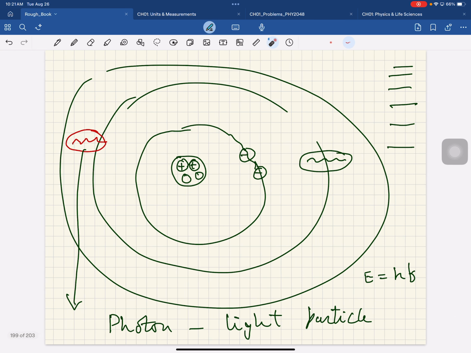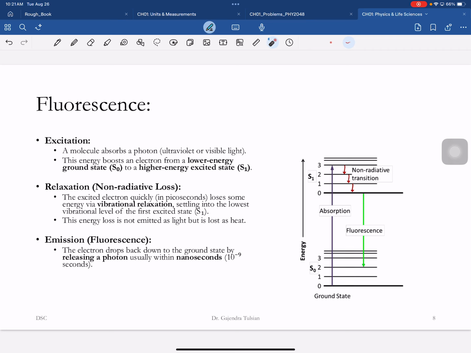Now, those fluorescent molecules, they have many more energy levels. Here is the ground state, and you see the ground state has so many sublevels. Here is an excited state. Here are many excited states.